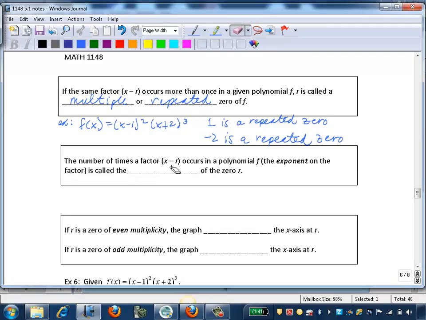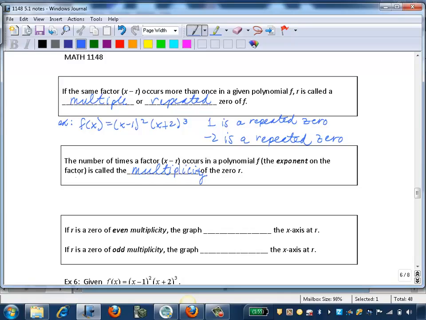Now, the number of times that the factor x minus r occurs in the polynomial function, or in other words, the exponent on the factor, is called the multiplicity. It's called the multiplicity of the 0 r. So in this example, 1 is a repeated 0, the exponent on the factor x minus 1 is 2.